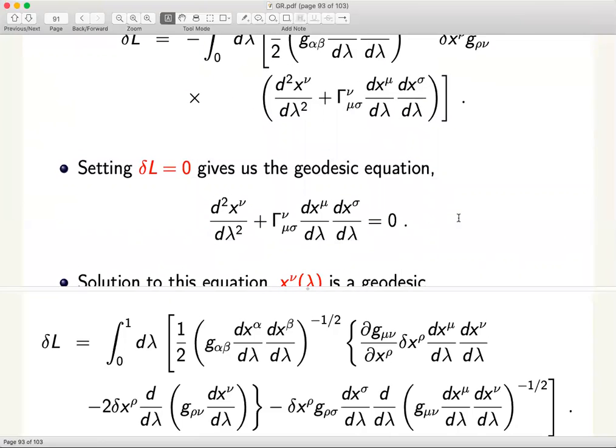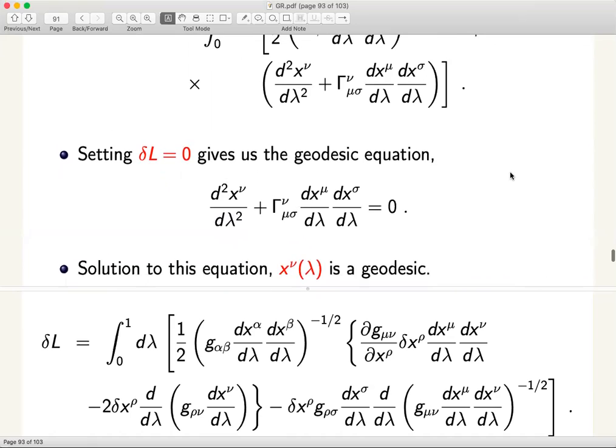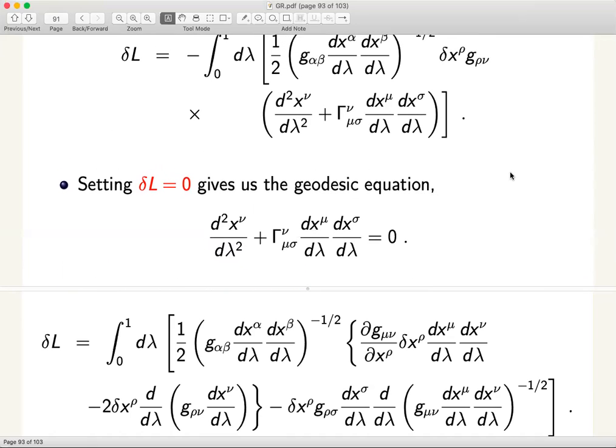Now we have derived the geodesic equation from geometry by defining a line element based on the metric, and then extremizing the path going from point x1 to point x2, the shortest path connecting these two. By extremizing this length functional, we derived the geodesic equation. So it's yet another derivation of the geodesic equation.